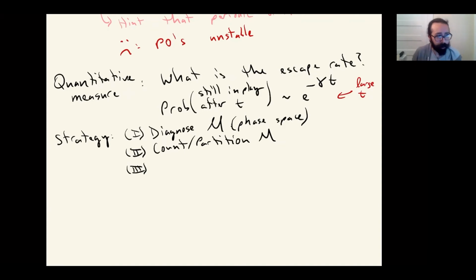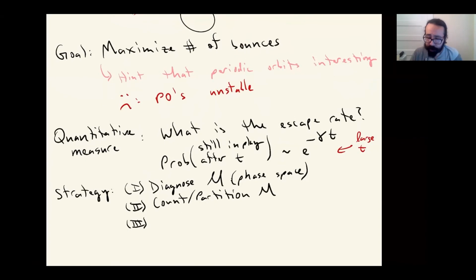We're going to find a way to chop phase space into little pieces, and spoiler, these periodic orbits are going to be the skeleton around which we organize our phase space. We partition phase space into little cells corresponding to periodic orbits.